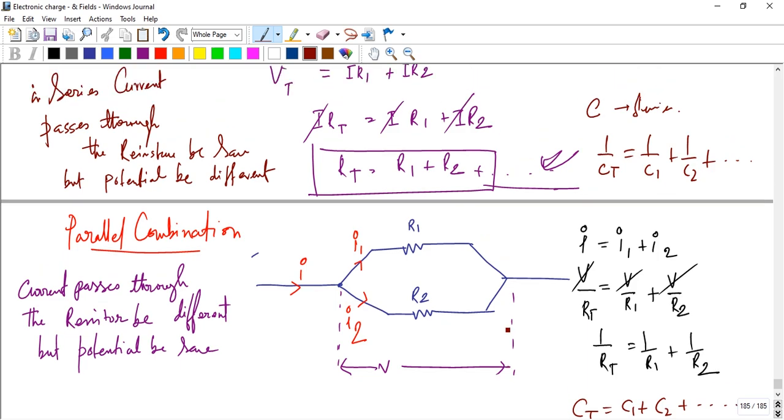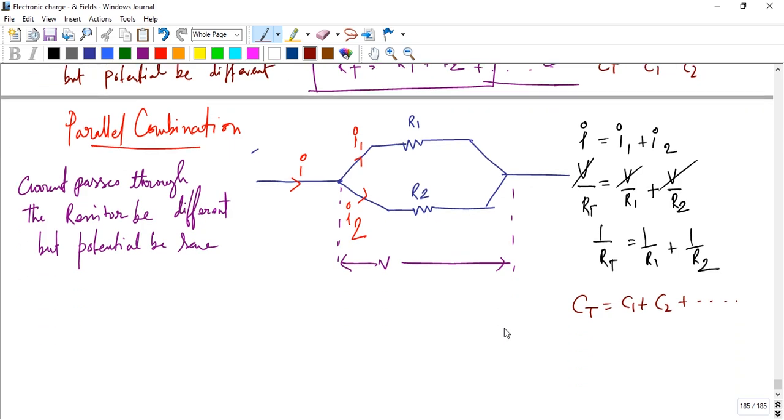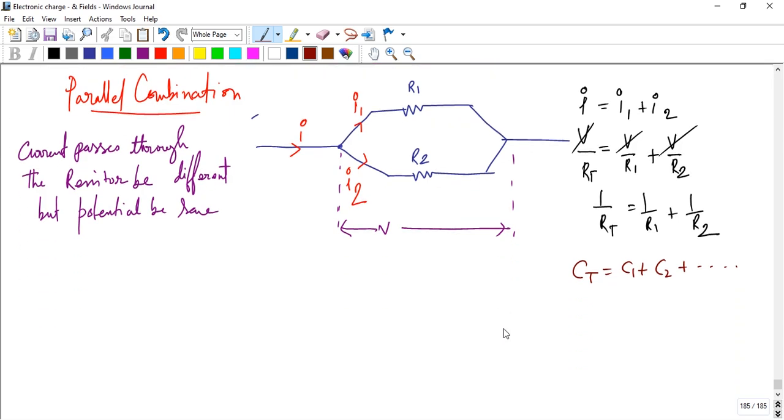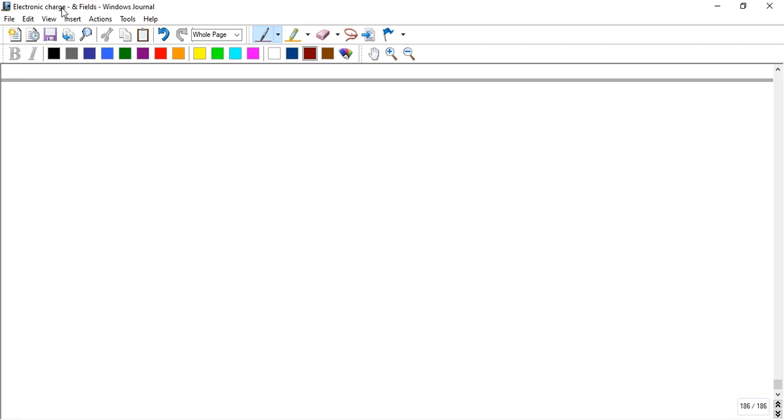Okay. Now we discuss another important concept called the electrolytic cell, or voltameter. That's very important. So what is an electrolytic cell?